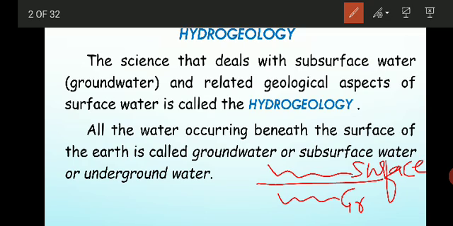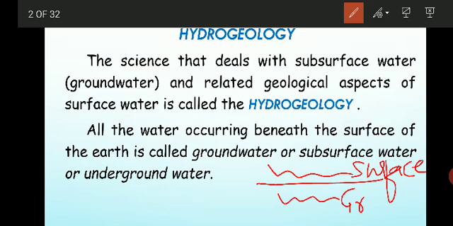The science which deals with both these types of water, surface water as well as groundwater, is called hydrogeology, and the related geological aspects of both are studied under a branch called hydrogeology. All the water which is occurring beneath the surface of the earth is called groundwater, or underground water.